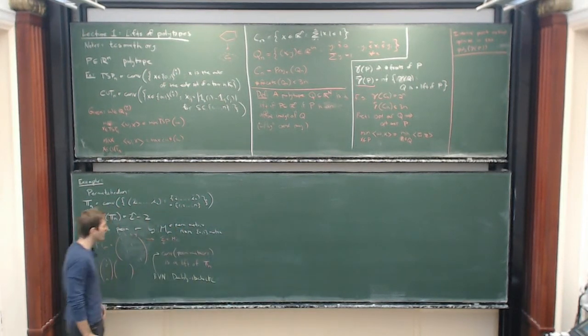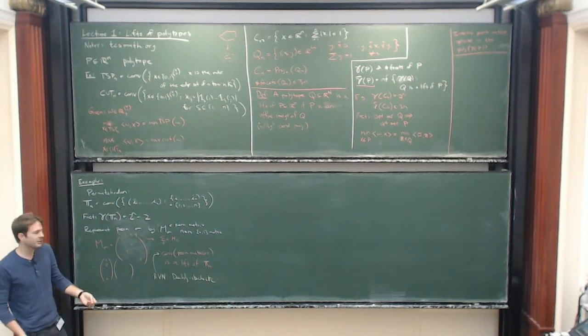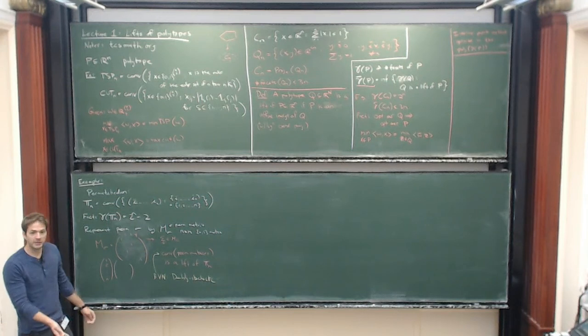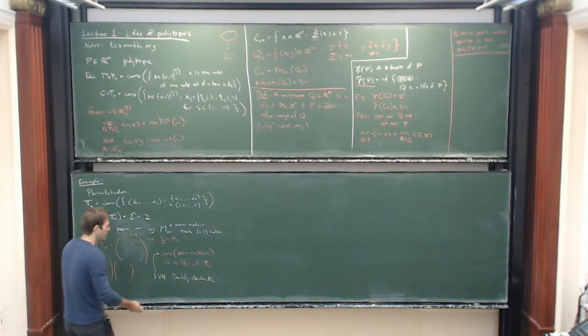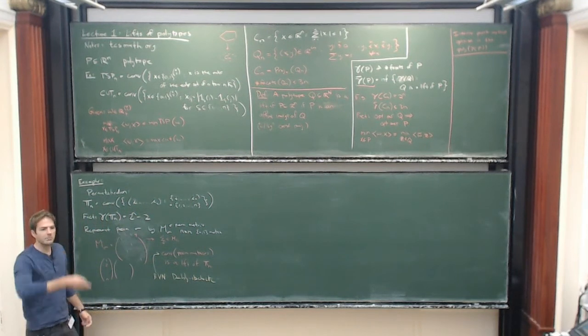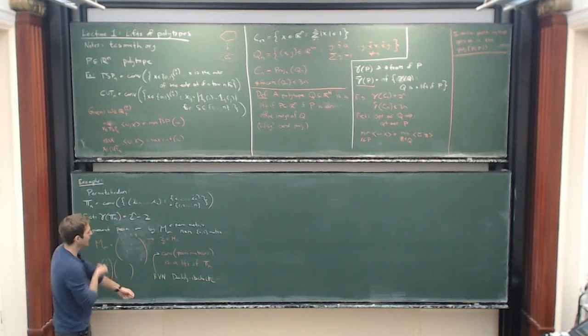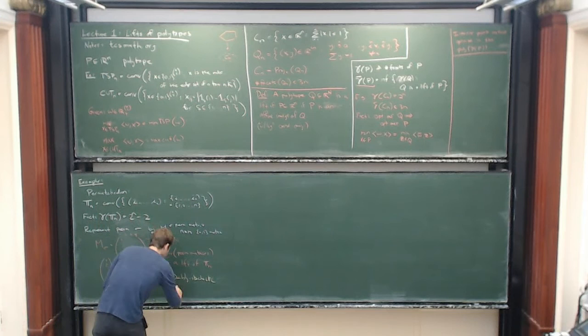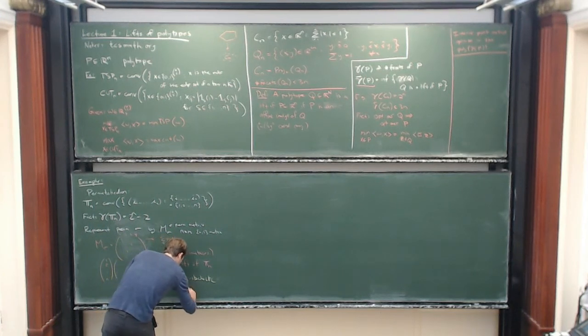The number of inequalities you need to specify the set of doubly stochastic matrices is exactly n squared, just that all the entries have to be non-negative. And you have a bunch of equalities: the row sums are 1, the column sums are 1. But the only inequalities, which are the ones that give you facets, are just that M_ij is greater than or equal to 0 for all i, j.